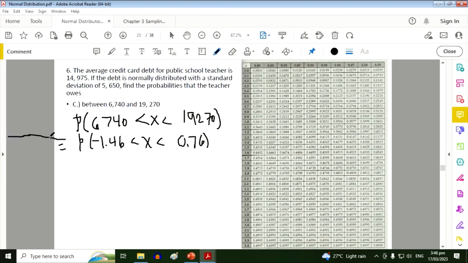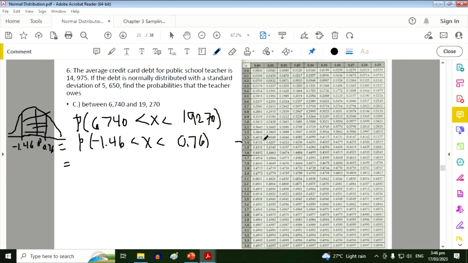So let's draw the normal curve. So 0. Here is the negative 1.46 on the left. Then we have 0.76 at the right. So it means we will add the respective areas.